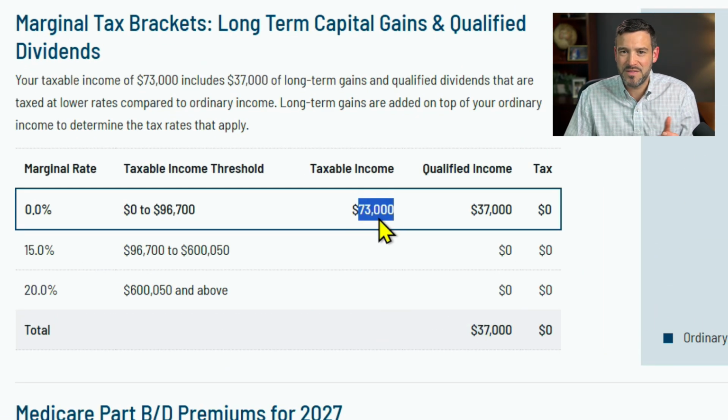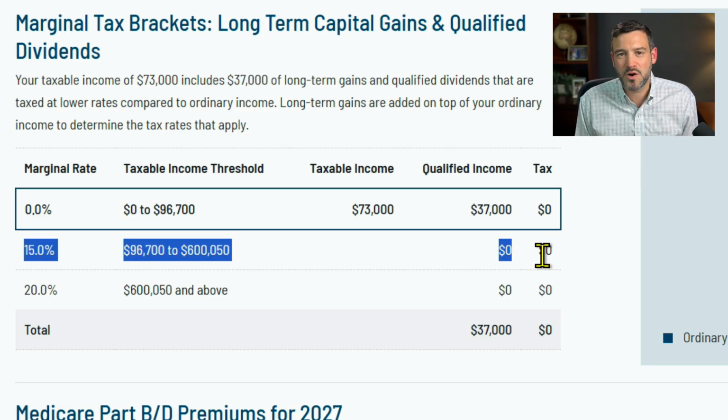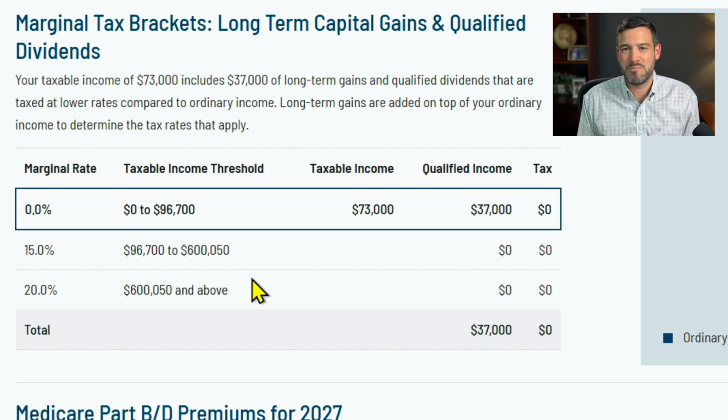Now, once that bucket is filled with either long-term capital gains or ordinary dividends, all the qualified income above that amount is going to be taxed at the higher rate. So once our income fills up this bucket, the rest of our qualified income or long-term capital gains and dividends is going to be paid at the 15% bracket rate.